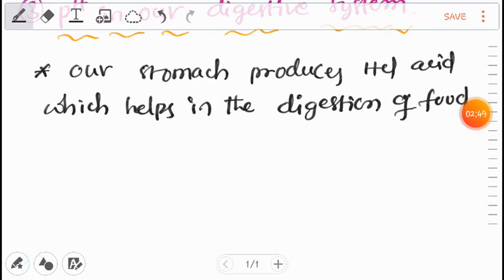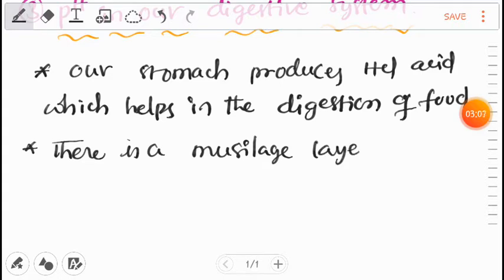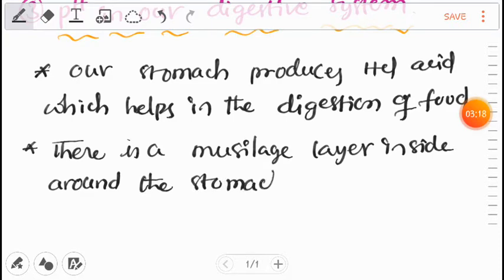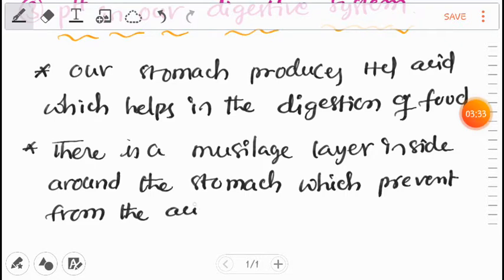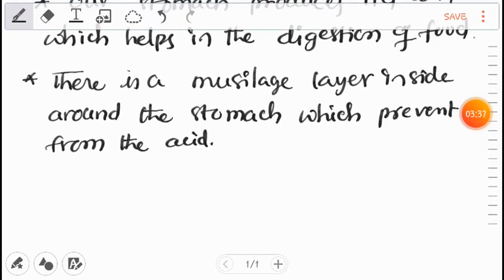How is our stomach prevented from being harmed by the acid? There is a mucilage layer inside, around the stomach, which prevents damage from the acid. The mucilage layer protects against the acid released in our stomach.